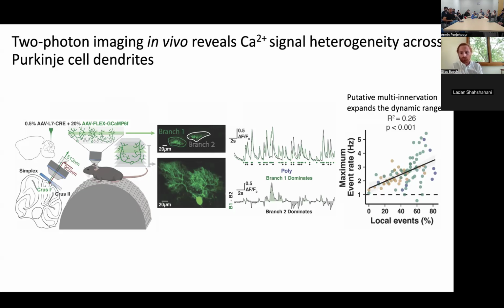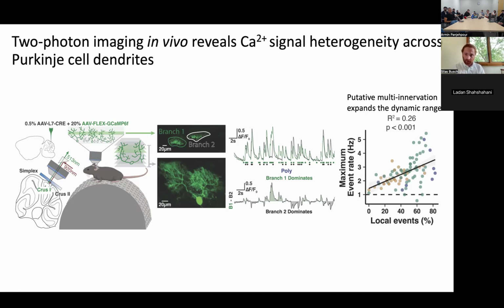And this also somewhat suggests that maybe there's an aspect of increasing the dynamic range of climbing fiber output of complex spiking, which is the physiological output that the Purkinje cell produces when it's stimulated by a climbing fiber. So we found that quite interesting.